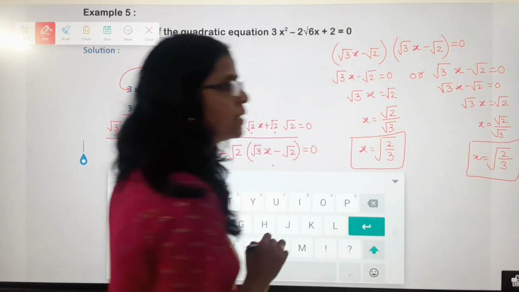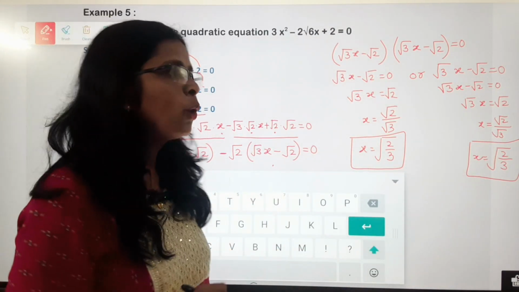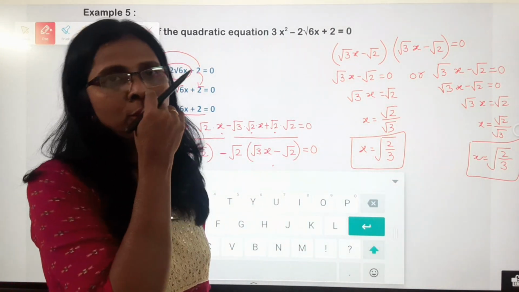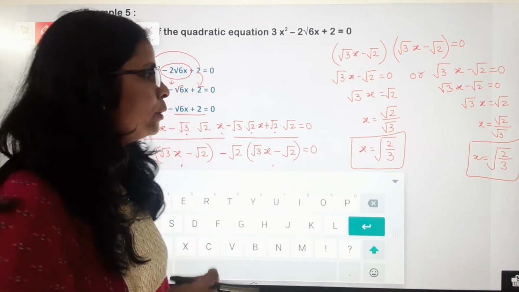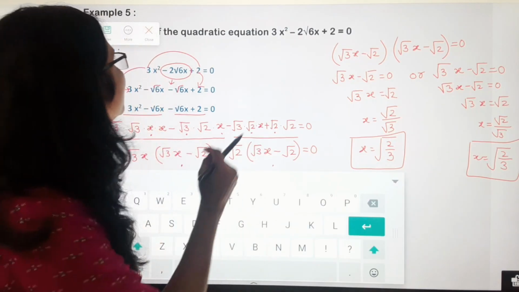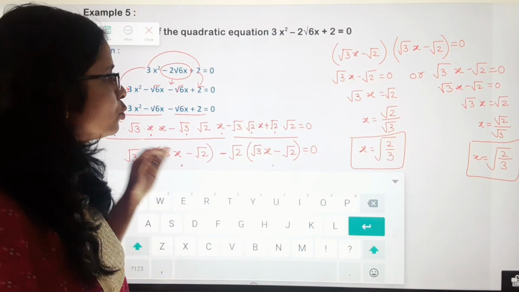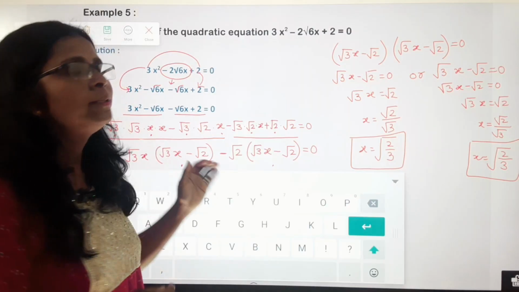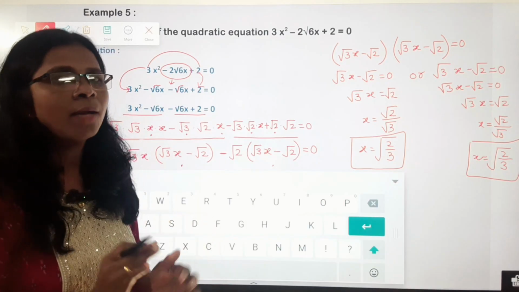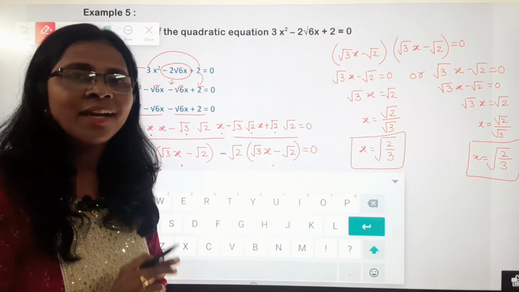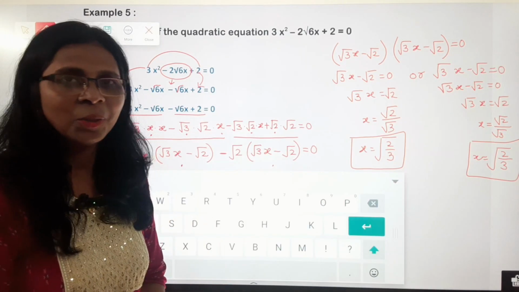So here we can say that root 2 upon 3 and root 2 upon 3 are the roots of the given quadratic equation. So this is the most important and difficult example of factorizing a quadratic equation.